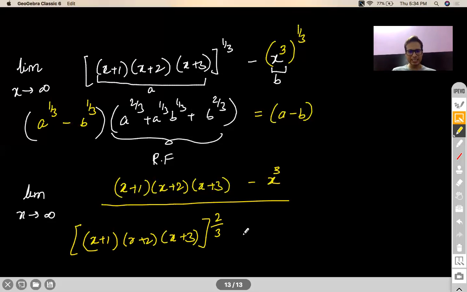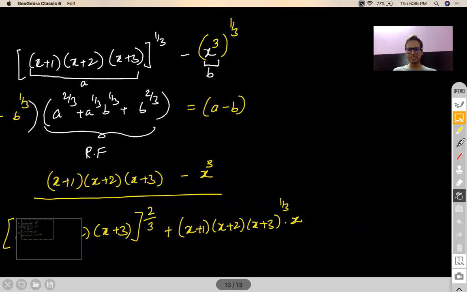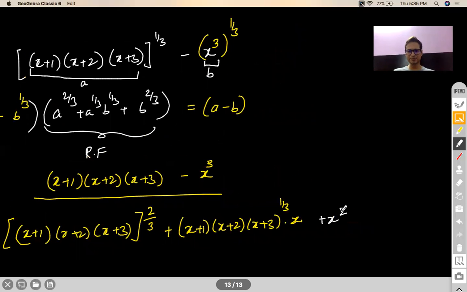Okay. Then plus a to the power 1 by 3, b to the power 1 by 3 will be like x plus 1, x plus 2, x plus 3 to the power 1/3 into x. Okay. And b to the power 2 by 3 would be like x square.